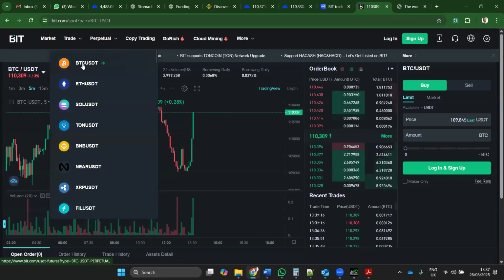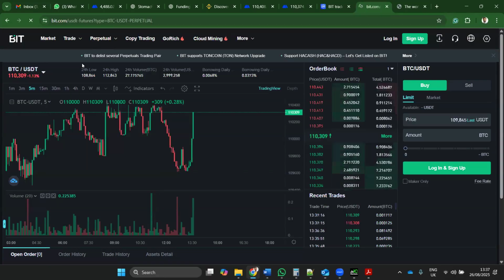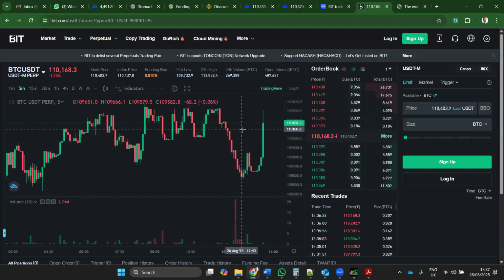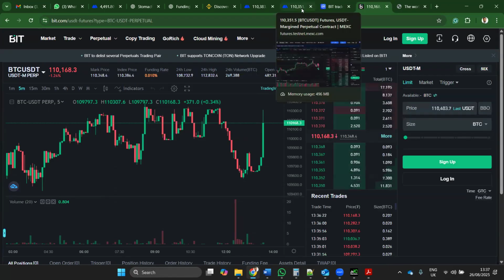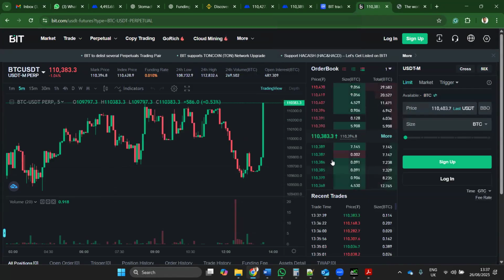You go in there, go to BTC, USDT, and you will again see different prices here, right? 110,168, and the price on the MEXC is 3.5, roughly a difference of $150 against one BTC.